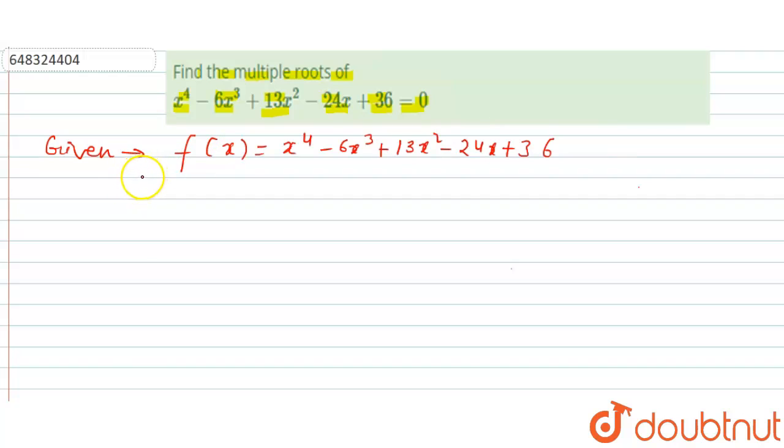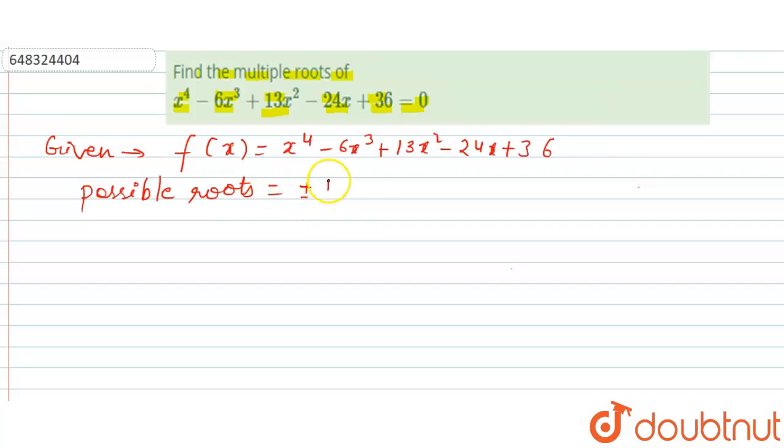So we have to start by using the hit and trial method by figuring out the factors of the last term, which is the constant term. So the possible roots will be the possible factors of 36.